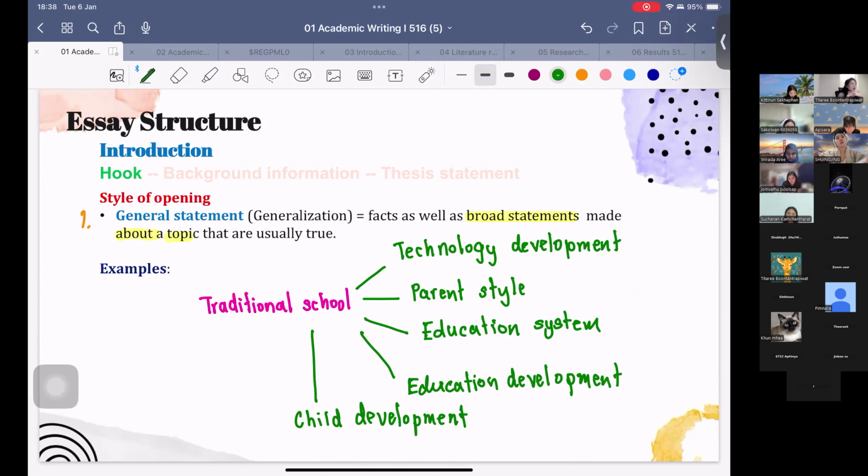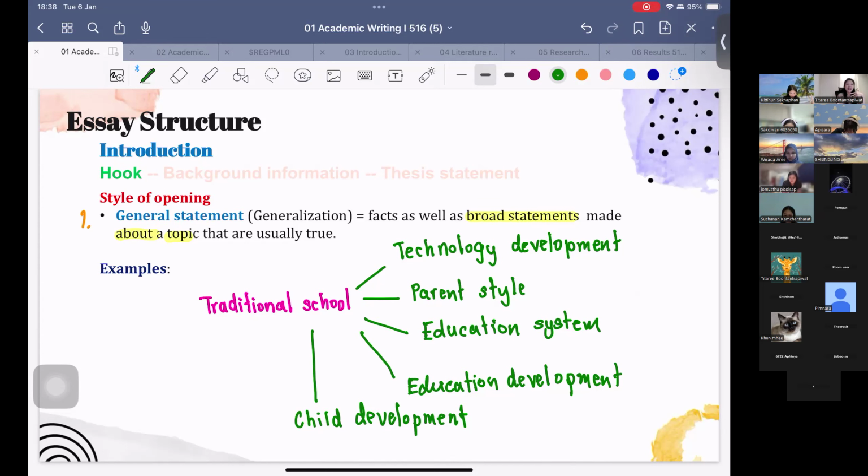With the technique of general statement, because I can write about going to traditional school, I might start with technology developments because it can link with education and school, or parental styles, like if they prefer this, they prefer that, they think about this.